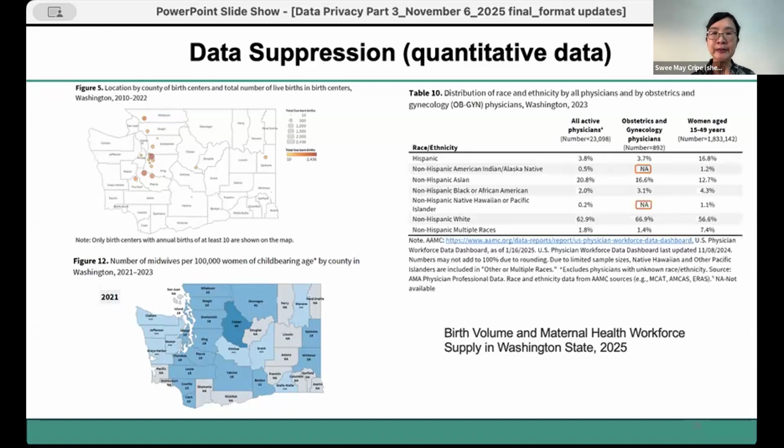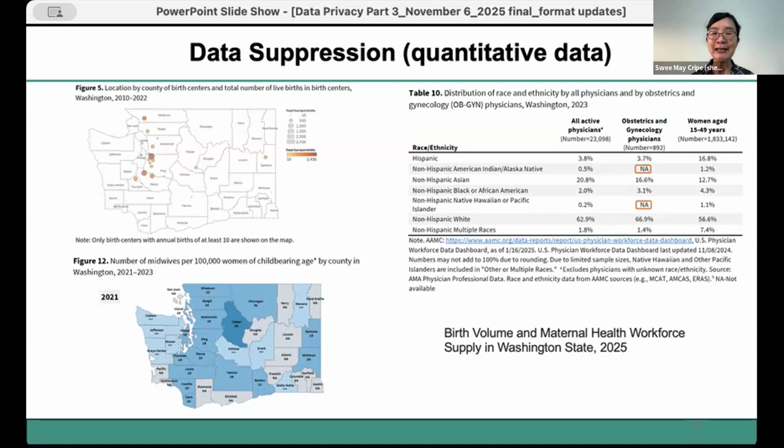And for this table here, it's on race and ethnicity of all physicians and physicians who are OBGYN in the state of Washington in 2023. This is from a national database, and I obtained this data by querying the database. These are the numbers I received by querying the race ethnicity distribution of OBGYNs in the state of Washington.